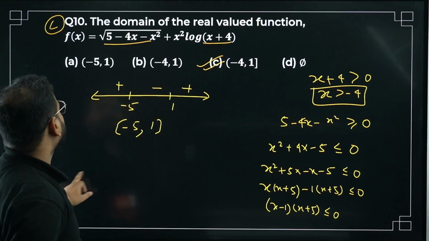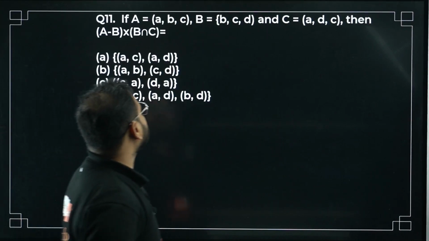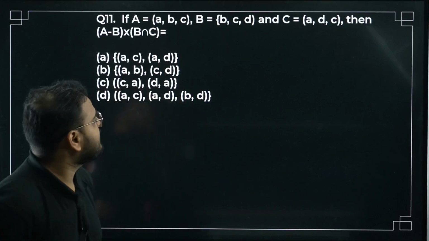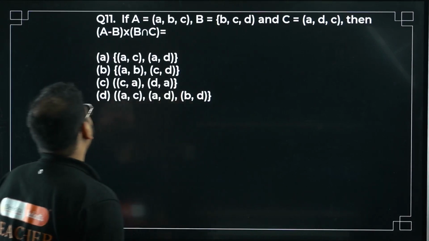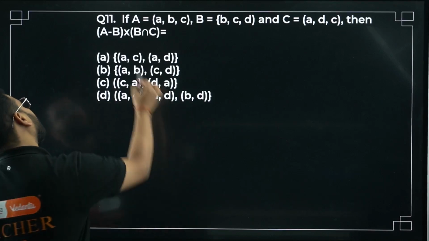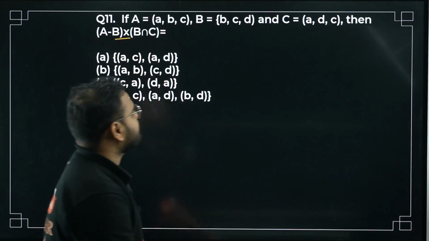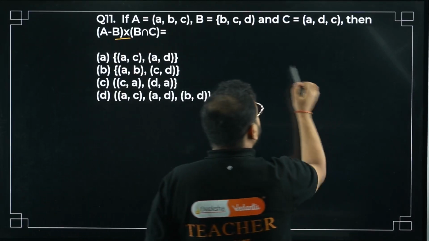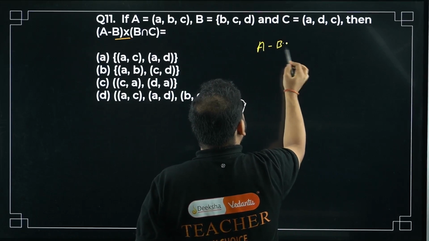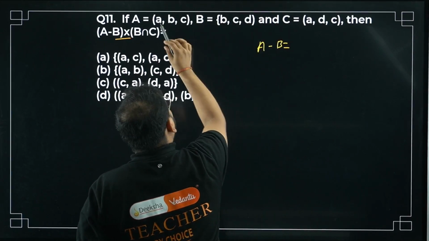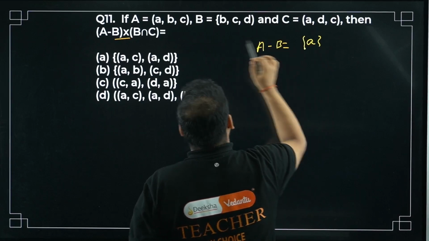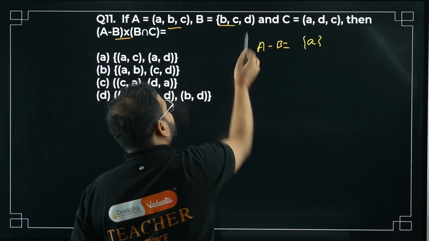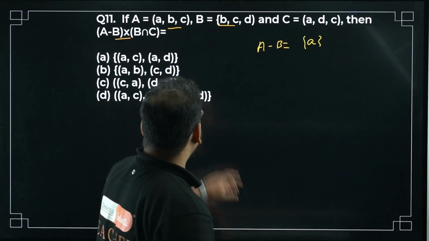All right, so question number 11 now. If set A is {A, B, C}, set B is {B, C, D}, and set C is {A, D, C}, then (A minus B) Cartesian product with (B intersection C). So let's do this. A minus B: whatever is there in A but not in B. B and C are in both, D we will not consider.